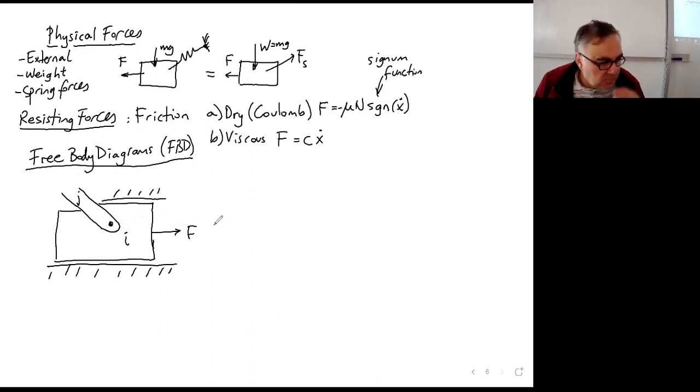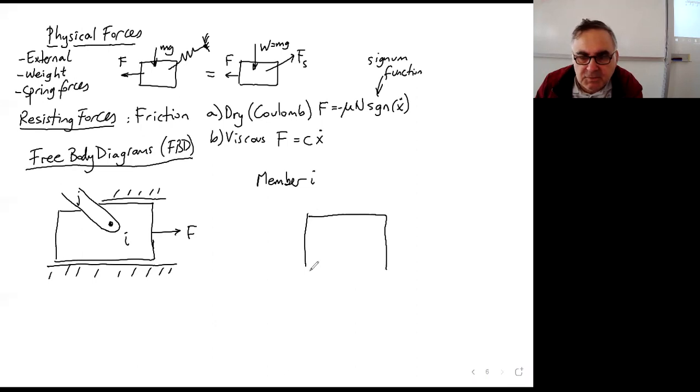We are going to draw the free body diagram for the member I. In the free body diagram, you will isolate all the external effects and replace them by forces. The external force will be here, F. But there will also be the weight of this member.